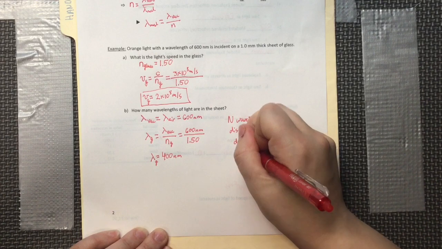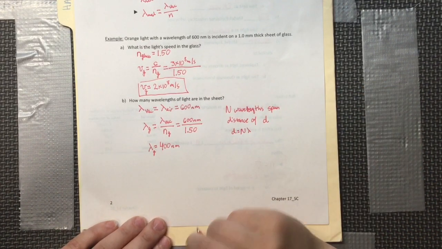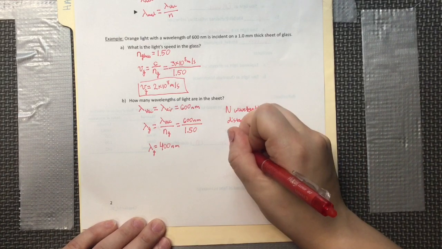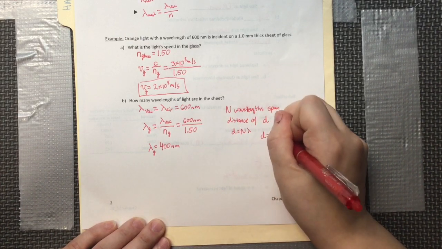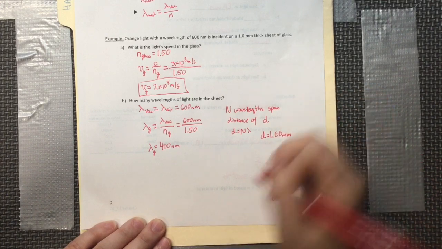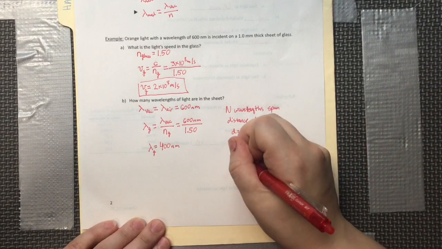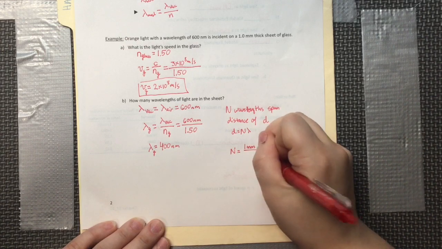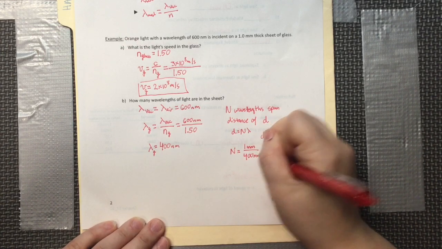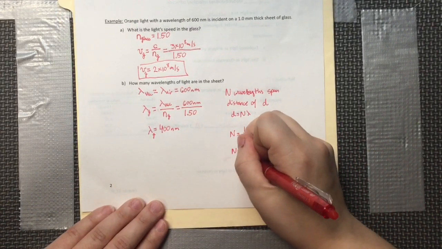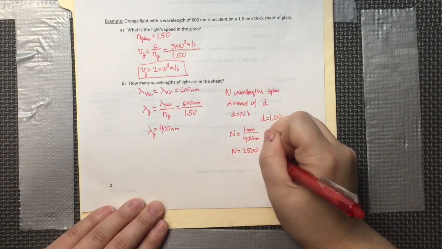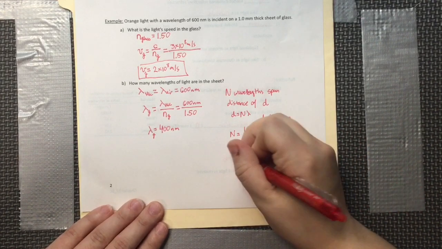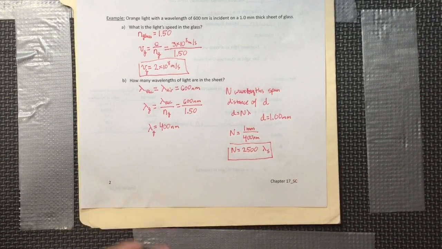So we can say d equals n times lambda. d is equal to 1 millimeter. Using that, we can say n is equal to 1 millimeter over 400 nanometers, giving us 2,500 wavelengths. So there are 2,500 wavelengths of light in this slab of glass.